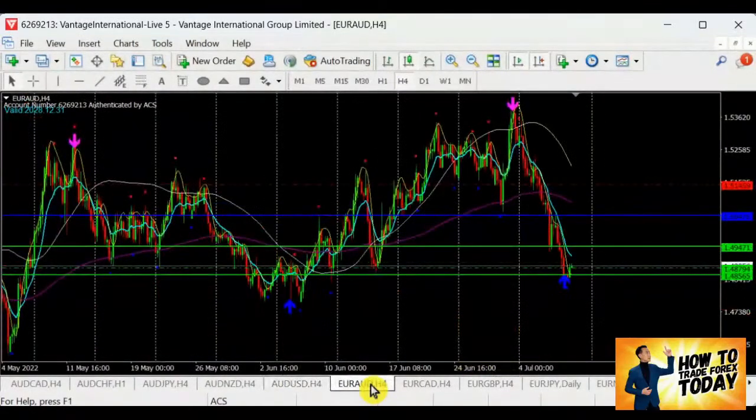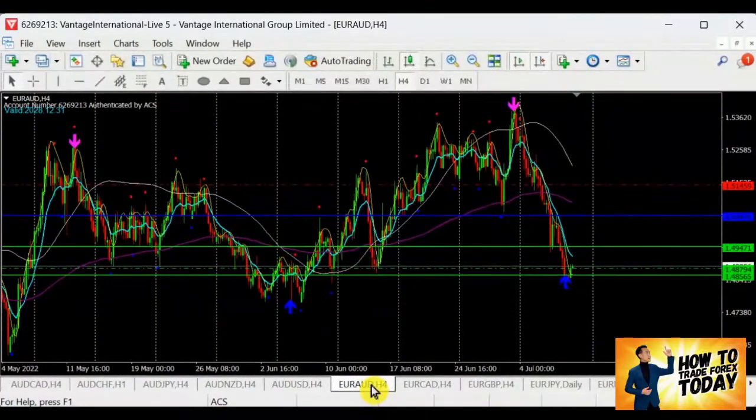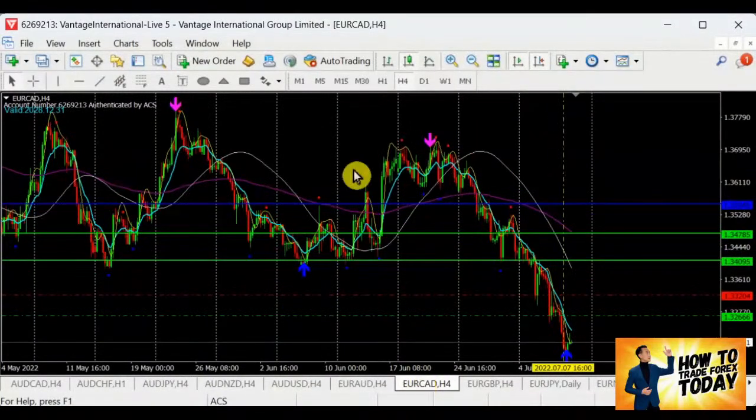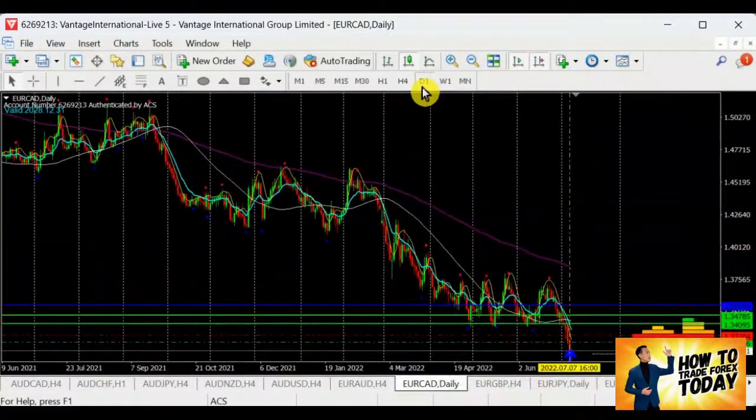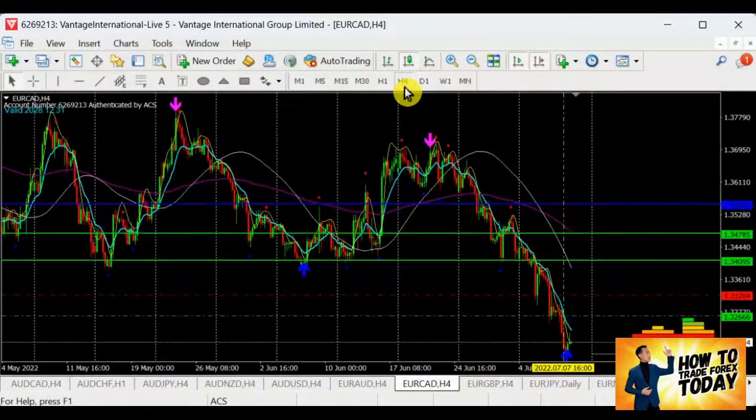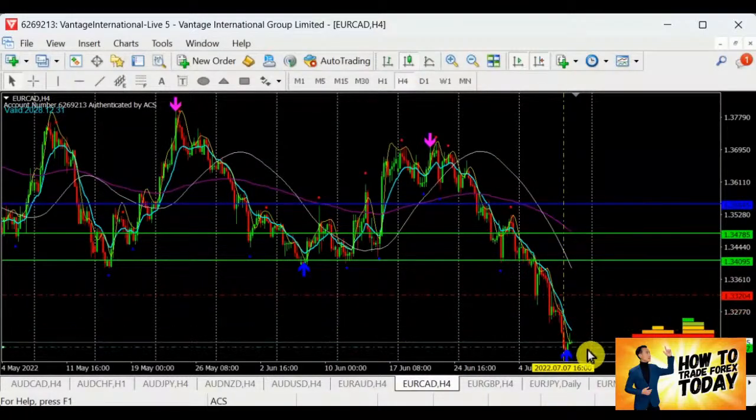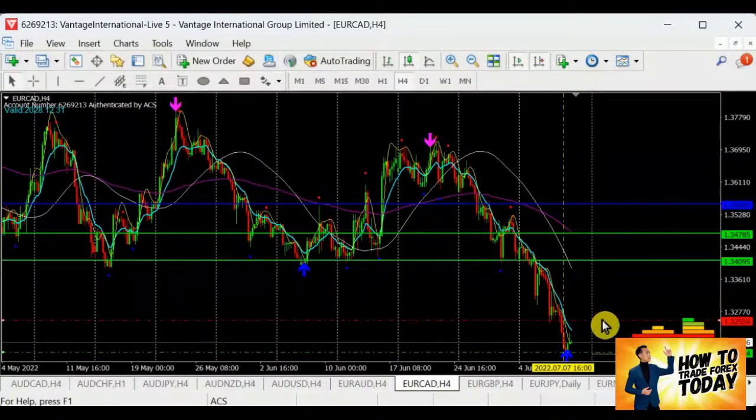Now Euro Aussie, today we are having a retracement in the bear market. So that means buying is possible, but it's anti-trend. So I'm going to skip this. So EURCAD, let's take a look at EURCAD over here. EURCAD, we are in the bear, but today it seems like there's a retracement again. Okay, so let's see, the support level should be here and the resistance level should be right here.